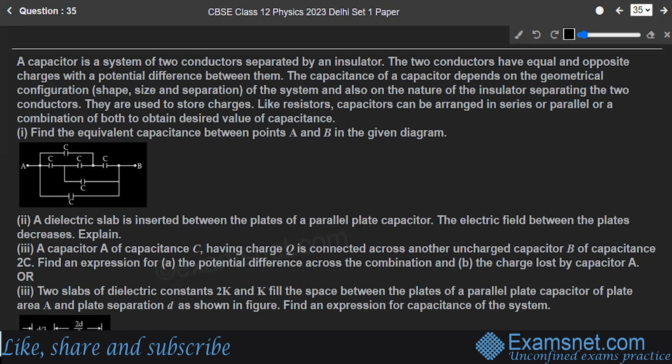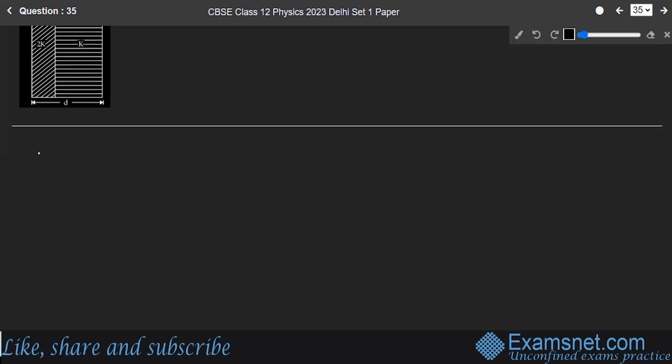Now, the question is asking, number one, find the equivalent capacitance between the points A and B in the given figure. So that's easy. You have to just simplify this one. The given circuit can be redrawn like this. This was your point A. And here you have capacitor C1. Here you have C2.